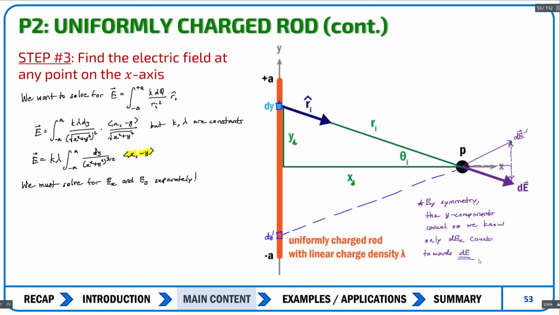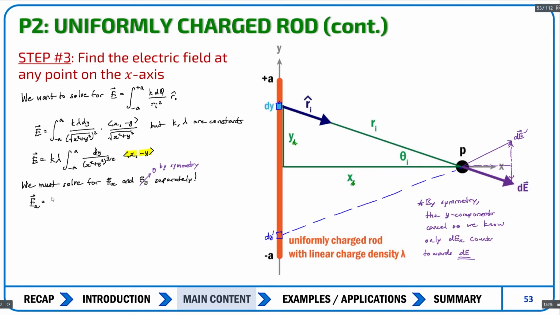So in this way, we can just get rid of Ey completely. So this one is just 0 by symmetry. So this is the type of analysis that you can do to try and reduce the amount of work and the amount of math required. So let's try to solve for Ex.